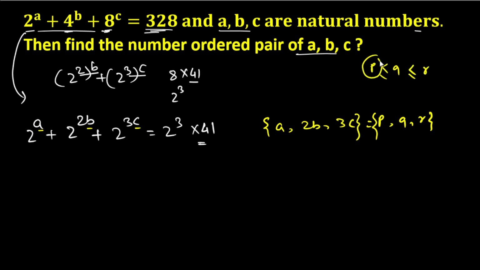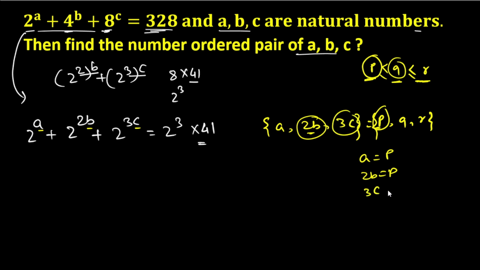Means p is the smallest, q is the middle and r is the largest. So if a is the smallest, then a equals p. If 2b is the smallest, then 2b equals p. Similarly, if 3c is the smallest, then 3c equals p.